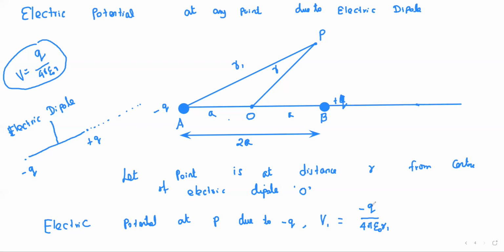If the source charge is negative, this minus q itself can attract 1 coulomb to point P. If we bring plus 1 coulomb, we need not do any work.